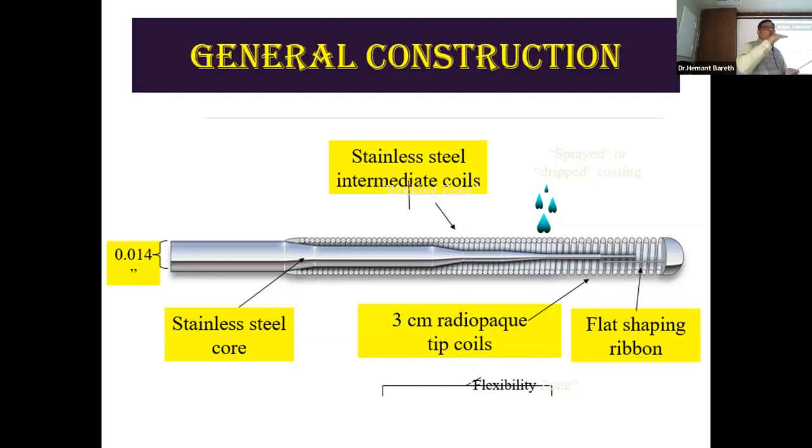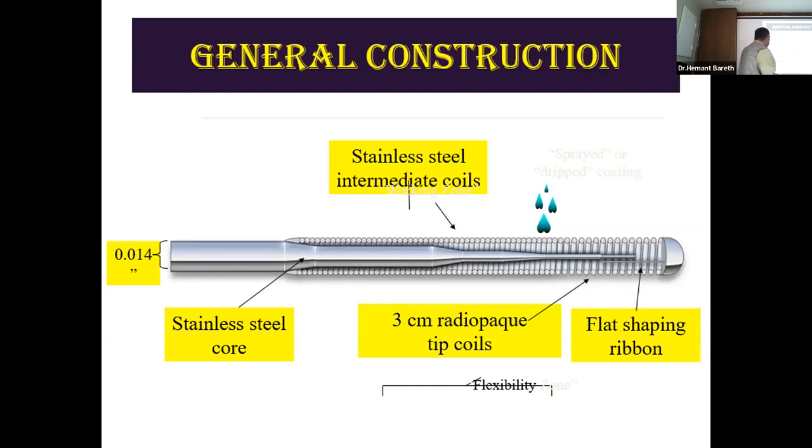You might even go through a calcific lesion if 014 becomes 010 or 009. Therefore, for CTO lesions, this property may be used, the only condition being that the CTO should not be a tortuous CTO. Because if it is a tortuous CTO, then you can easily perforate with this wire. So if it is a straight CTO, you could use a penetrating wire.